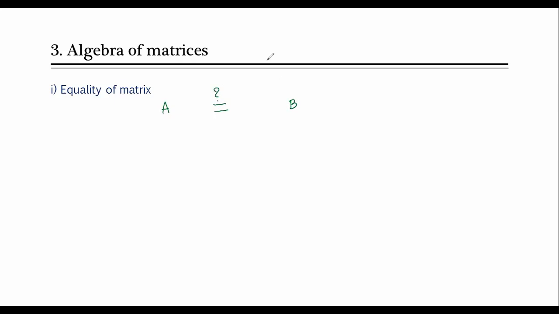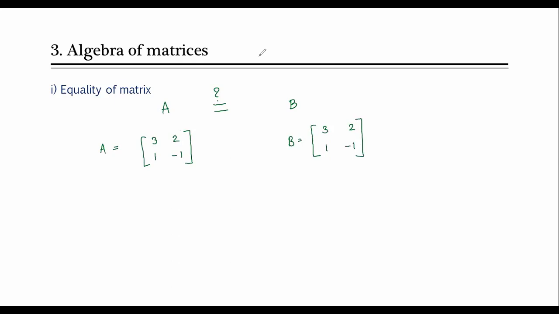For example, suppose I am writing here matrix A. Suppose matrix A is 3, 2, 1, minus 1. Now, I am writing another matrix B as 3, 2, 1, minus 1.